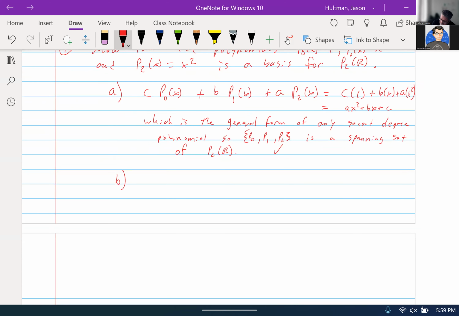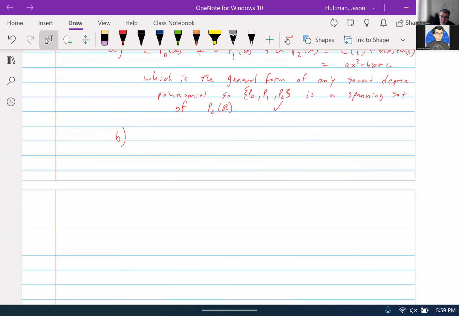Second criteria that we need to have met is, is it independent? And we're going to use the Wronskian for that. We're going to do 1, x, and x squared, and then we need two derivatives because there's three items. So we need to create a 3 by 3. The derivative of 1 is 0, 0. x goes to 1 and then 0, and x squared goes to 2x and then 2.